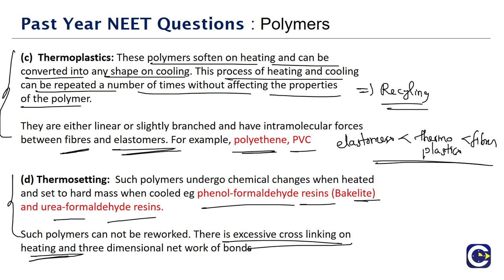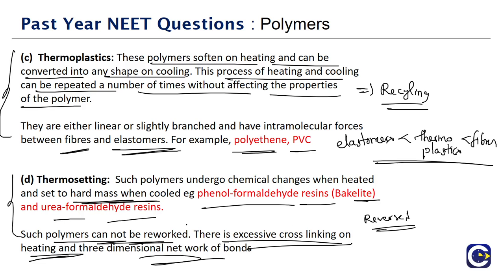Because of this, more covalent bonds are formed, and that is the reason why these polymers get hardened. Once the covalent bonds are formed, this cannot be reversed. So once you heat it, it will be hardened, and after cooling also it will be in that hardened state, and this phenomenon cannot be reworked or reversed.